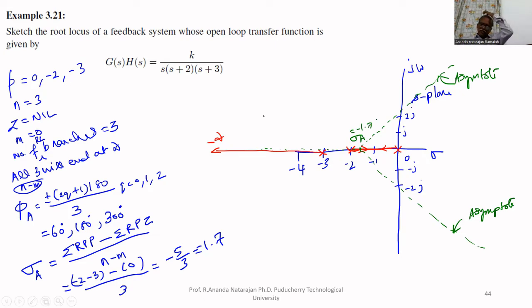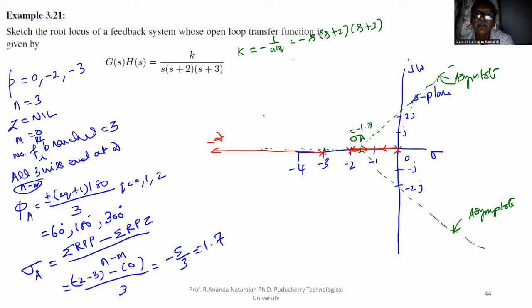Now we have to find the breakaway point. For that, we have to find dk by ds equal to 0. What is k? K equal to minus 1 by g of s. That is equal to minus s multiplied by s plus 2 multiplied by s plus 3. That is equal to minus s into s square plus 5s plus 6. That is equal to minus s cube plus 5s square plus 6s.